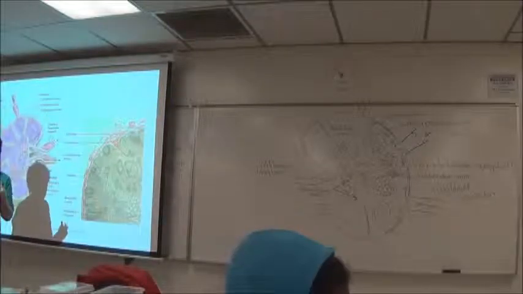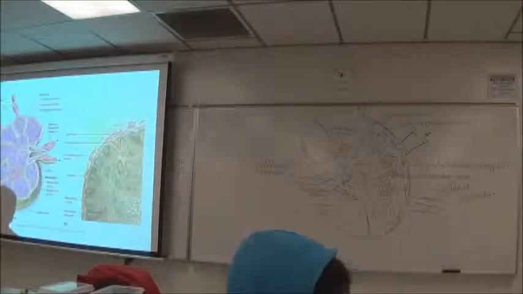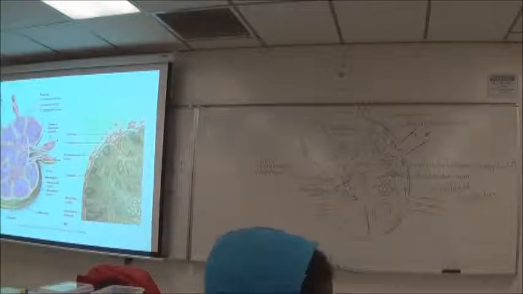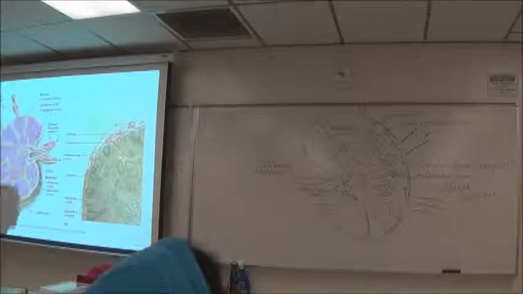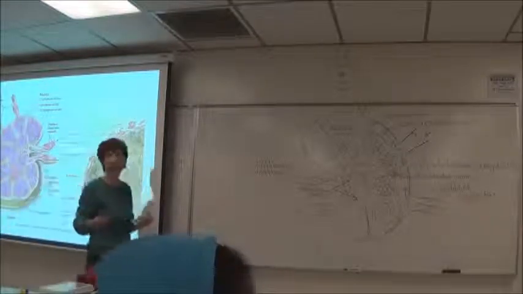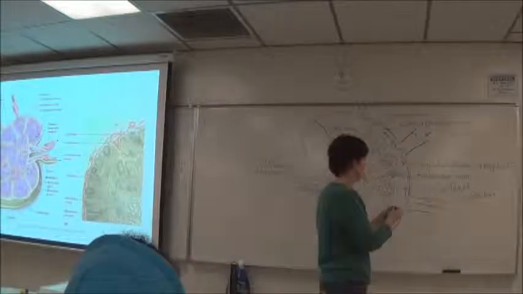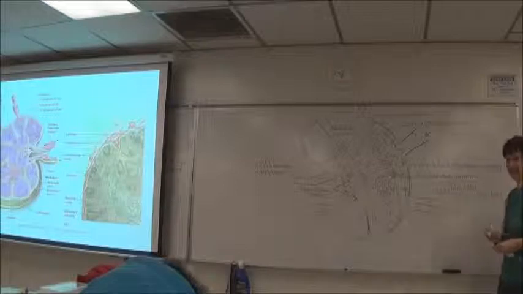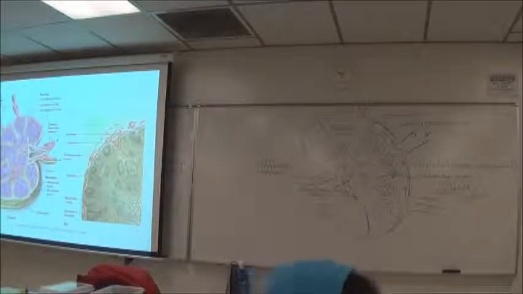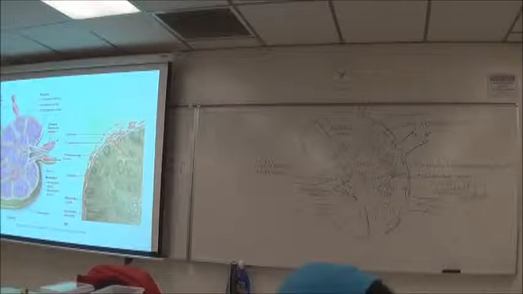So this structure has a capsule. It has follicles. It has lymphatics, both efferent and afferent, and it has the medullary cords and sinuses. It is the only one of all of our lymphatic organs to have afferent lymphatics. Our other organs, like the spleen and the tonsils, will have efferent, but they will not have afferent.